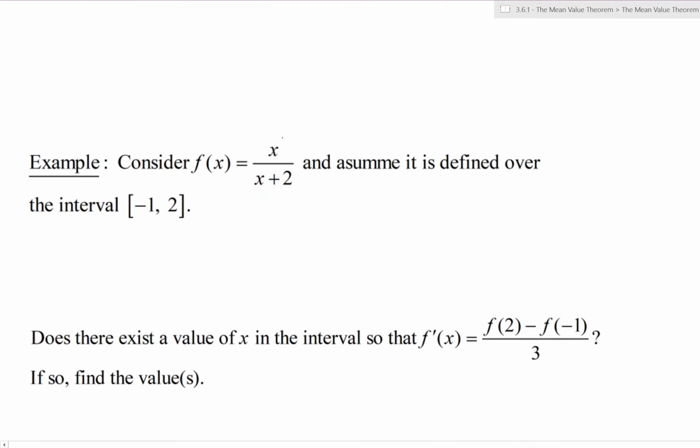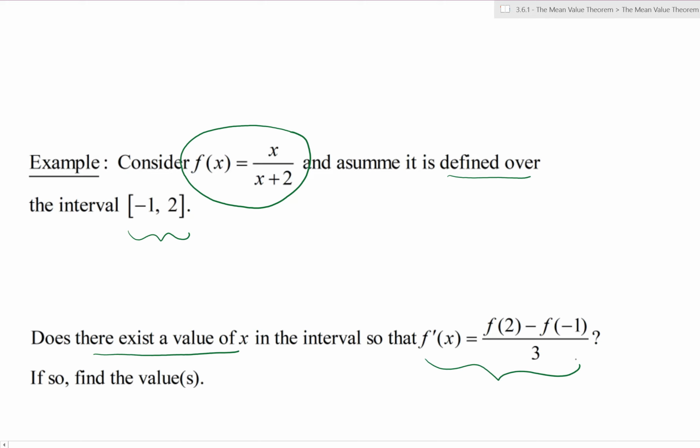Here is a function right here, f of x is equal to x divided by x plus 2. Assume, for the sake of this situation, that it is defined over the closed interval -1 to 2. Question: does there exist some value of x within the interval such that the function's derivative at this x is equal to this quotient right here, f of 2 minus f of -1 divided by 3?